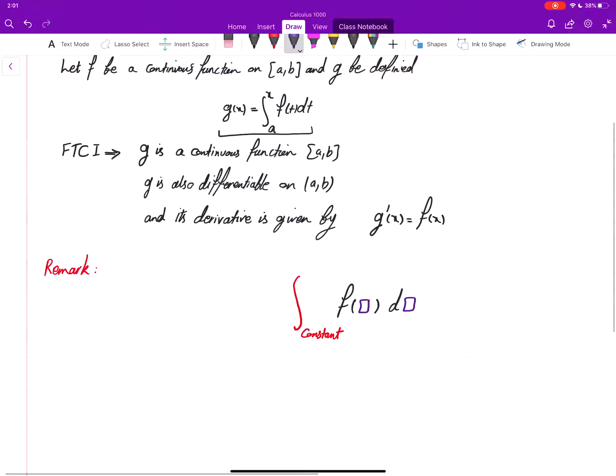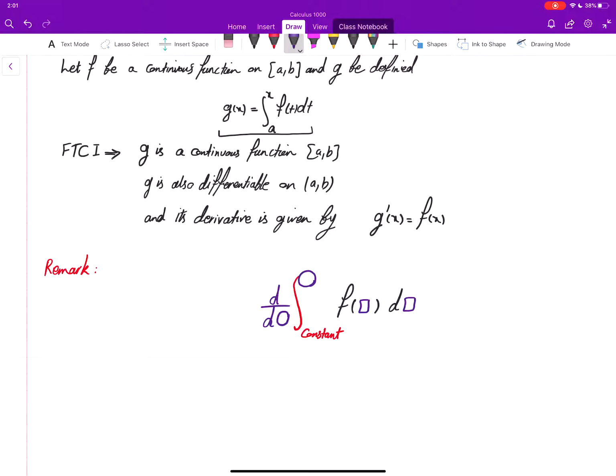There is no other t in the bounds, just to make sure that the integral is well defined. But then there's another piece: the upper limit here is the variable with respect to which the function g is defined as a function, and we are differentiating with respect to exactly the same upper limit variable.